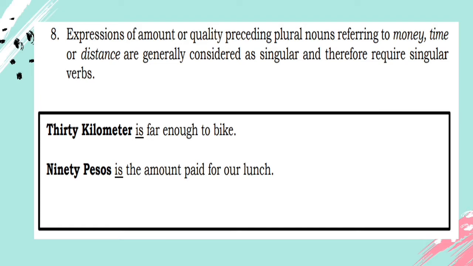Next, 90 pesos is the amount paid for our lunch. 90 pesos pertains to money, so it is considered singular. So it requires the singular verb is.